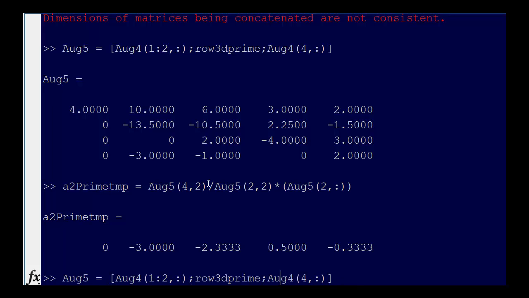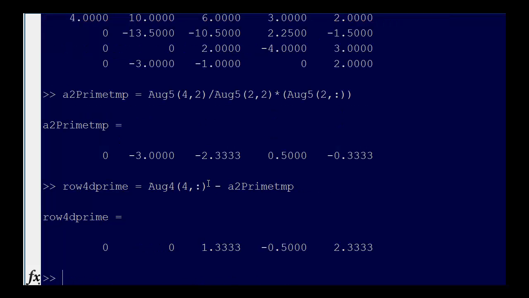And so row, we'll call it row 4 double prime, is og4 the fourth row minus a2 prime temp, right? Okay, yes, we have the 2 zeros, and so now we can compile og6.